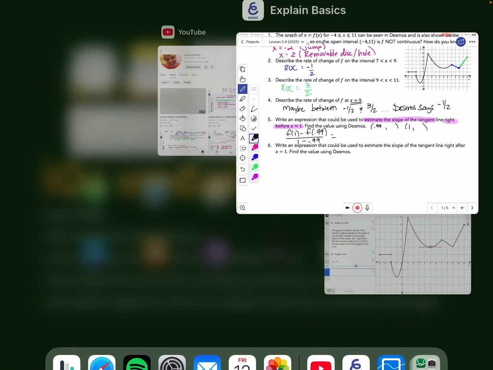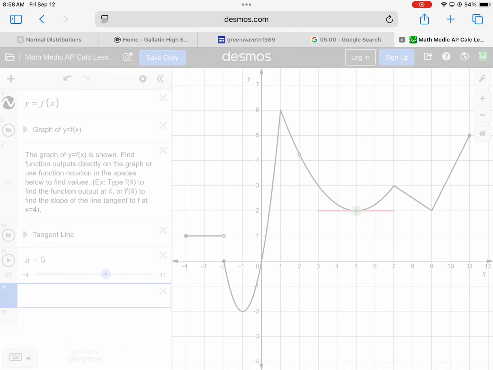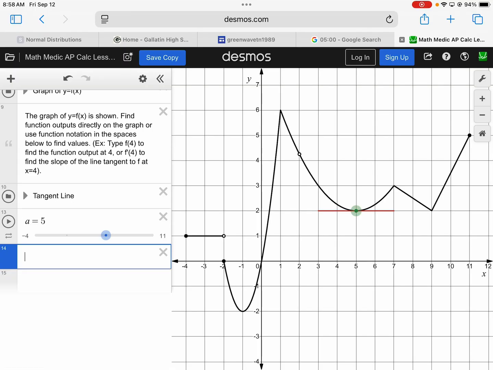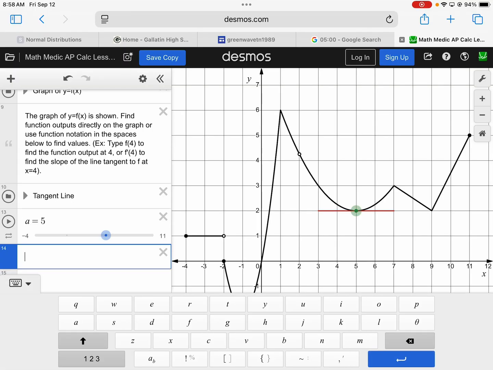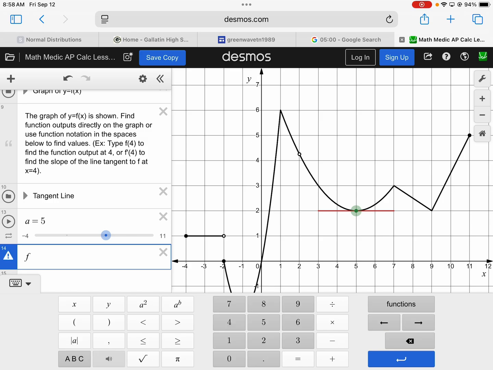Switch over here real quick, okay? So this is where we might want to put in f of 1, and it gives me 6, and then we could go back and do f of 0.99, and that gives me 5.9202. So it can give me those values to plug in, okay?